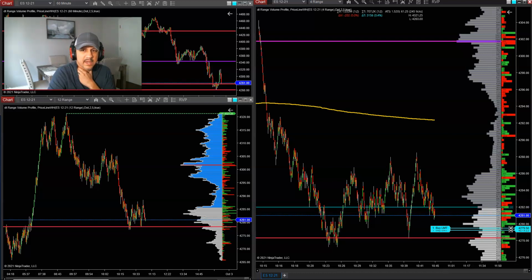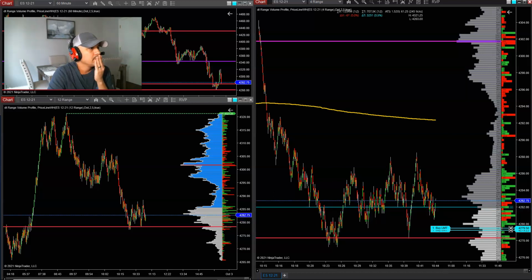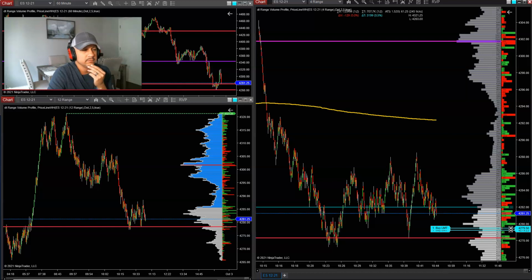It's going to be a quick scalp. It's chopping to the downside. I don't like that. Yeah, this is going to be a quick scalp, guys. If it hits my limit order target, it's going to be very quick.